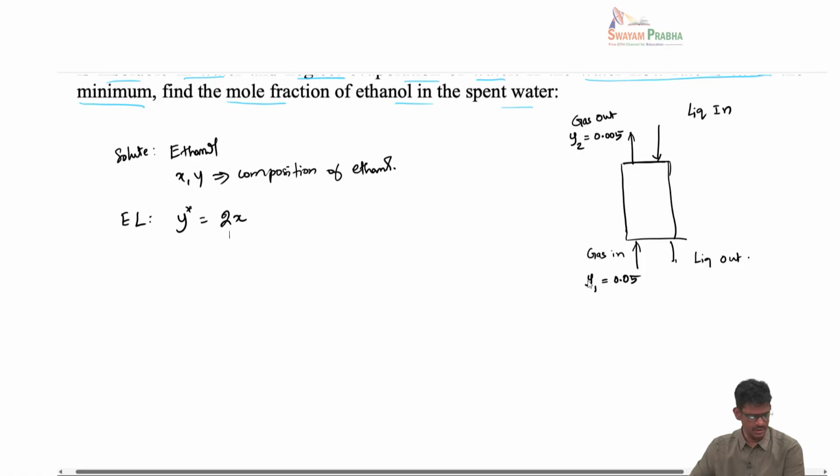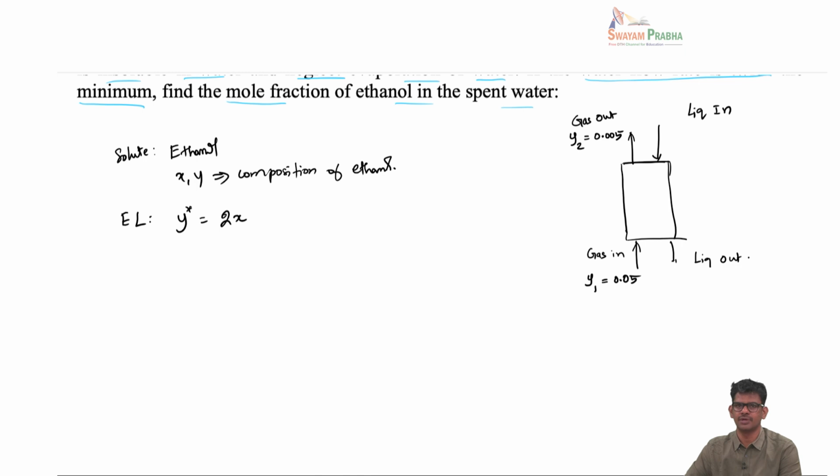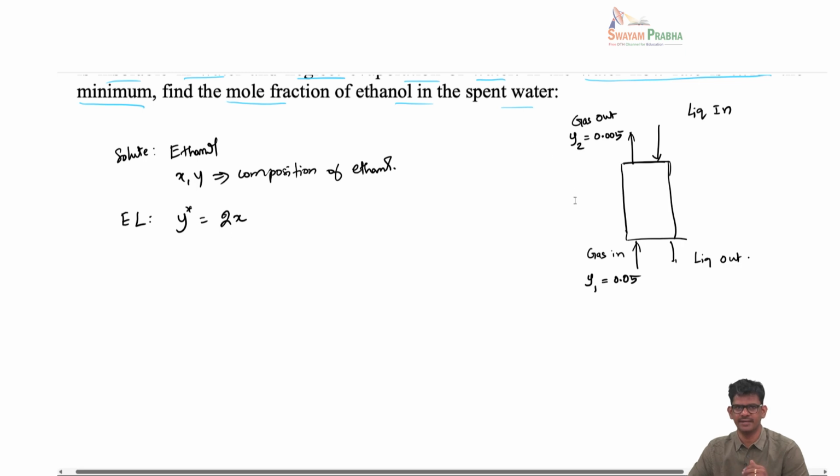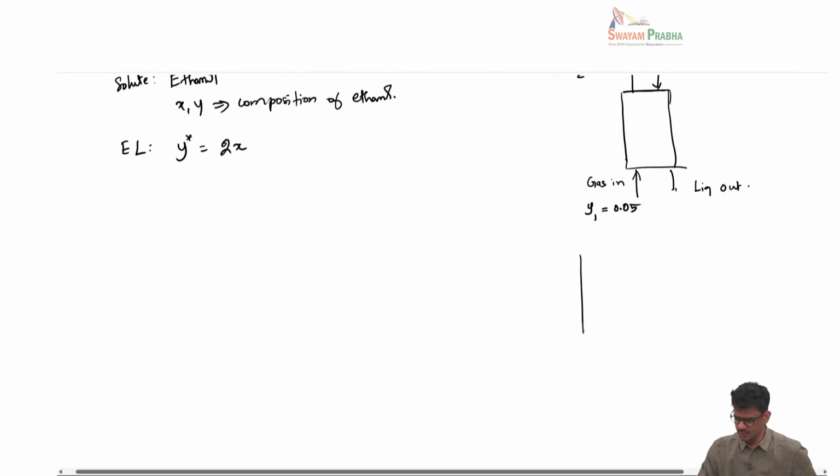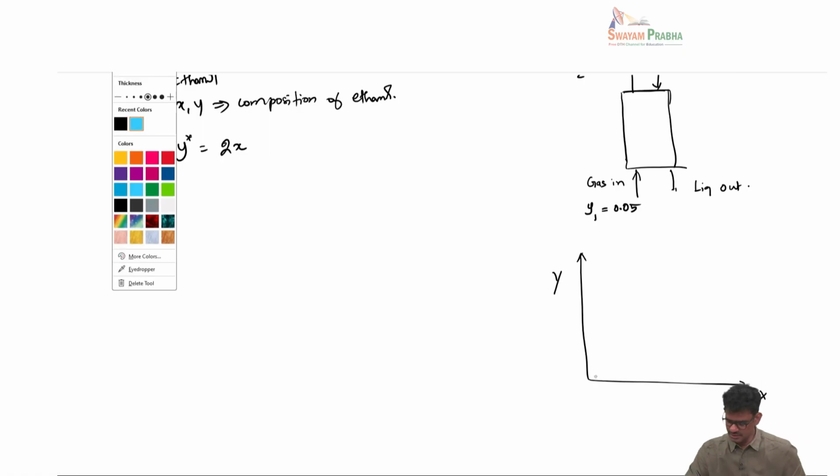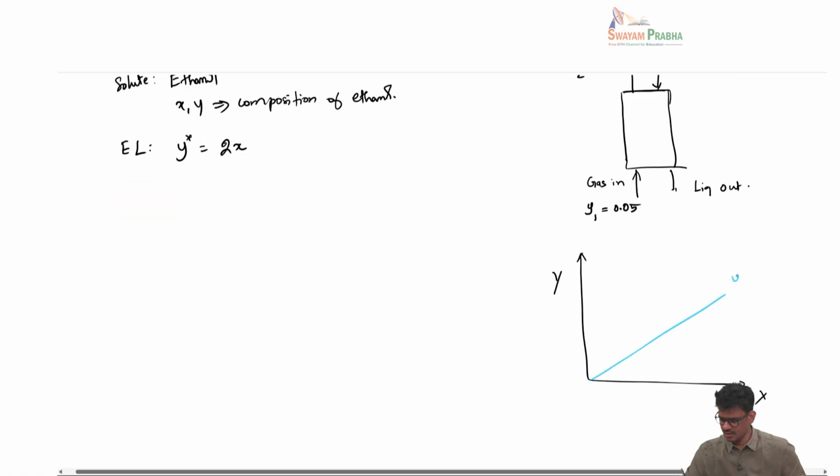Okay. So the approach that we can do is maybe first I'll show graphically what we're going to do, and then we'll do analytically. So imagine that you have the Y versus X diagram, okay, and we have got the equilibrium line.